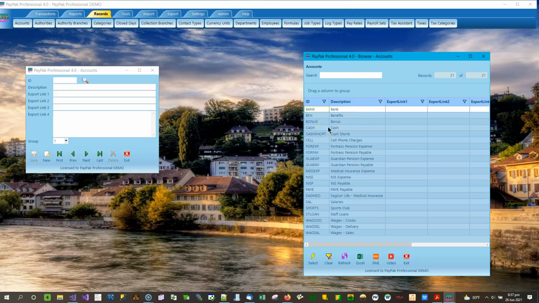Now, at the end of the payroll process, when you post your batch, the software will generate accounting entries which are the debits and credits for that particular batch.